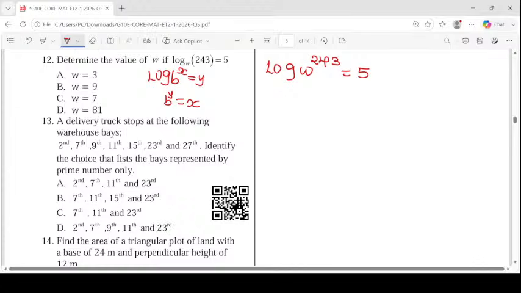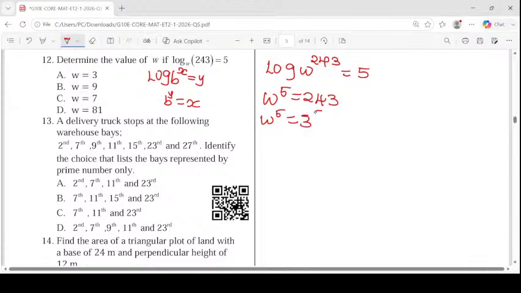So applying this, log w to power 243 is equal to 5. This is a logarithm notation. To change it to index notation, I'll have w power 5 being equivalent to 243. But 243 can be written as 3 to the power of 5.